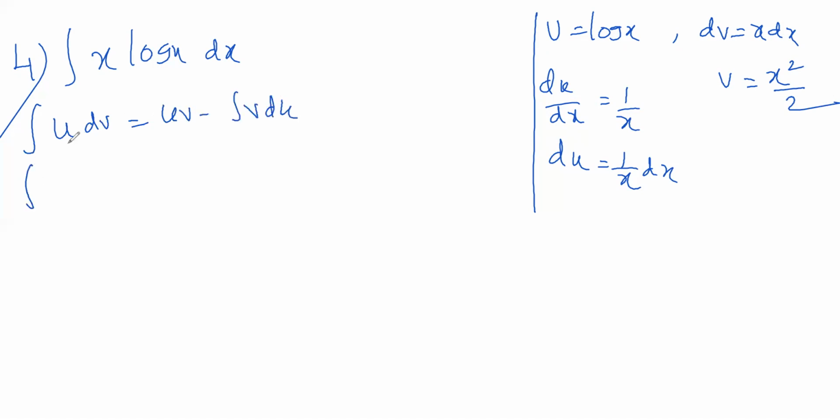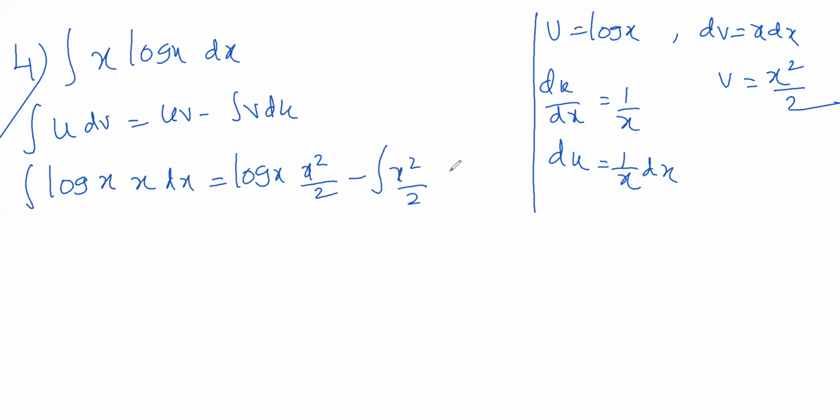That is, integral u dv, where u is equal to log x and dv is x dx, is equal to uv, that is log x times x squared by 2, minus integral v du, that is x squared by 2 into 1 by x dx.